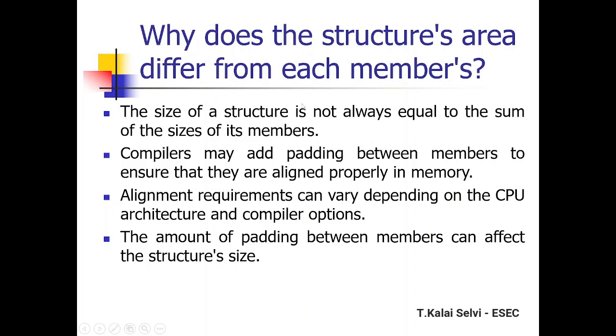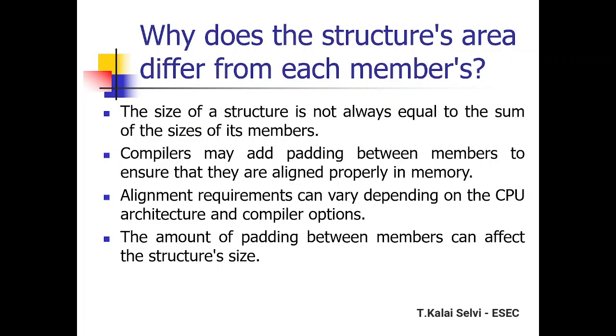this one. The size of a structure is not always equal to the sum of the sizes of its members. Compilers may add padding between members to ensure that they are aligned properly in memory. Alignment requirements can vary depending on the CPU architecture and compiler options.